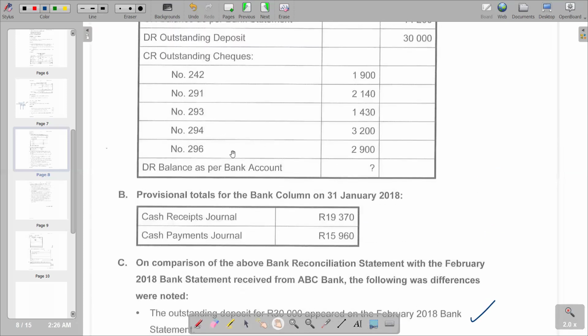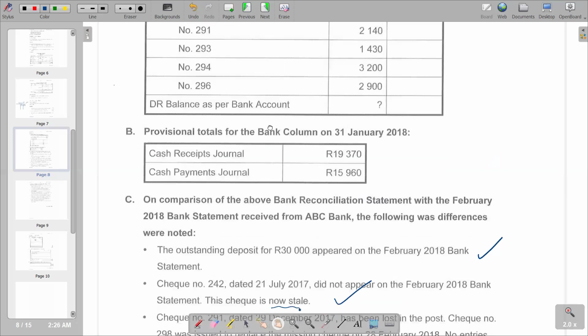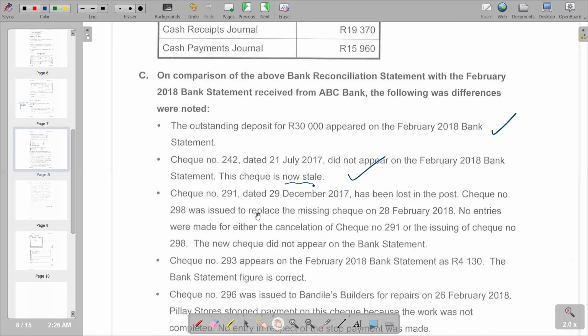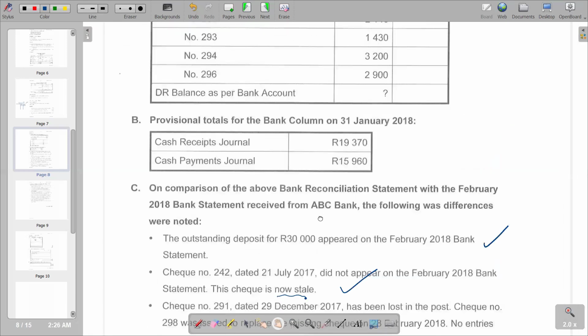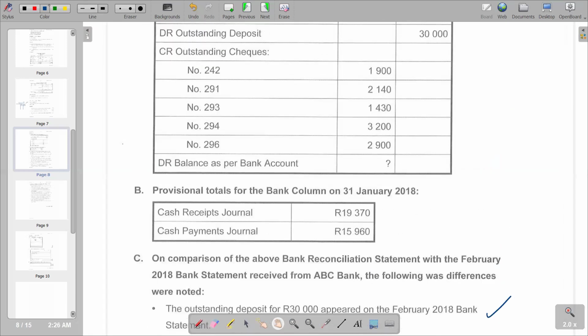Check number 298, we can just try to see in terms of that check number. It was replacing check number 291. So 291 is the one that we have here, 2,140. So this is the check that was lost and replaced.